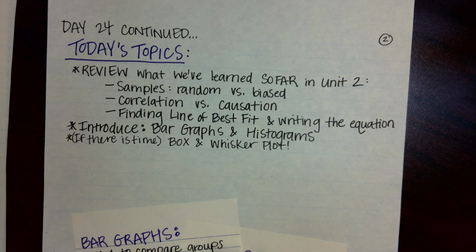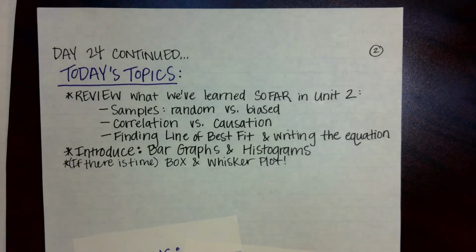The main takeaway you want to get from random versus biased is that in a random sample, every person has the same chance of being picked. So like at the grocery store, if I wanted to know what every person that shops there, what their favorite snack is, if I only come at one single time, at 7 p.m. on a Tuesday, not everybody is going to be there at that time.